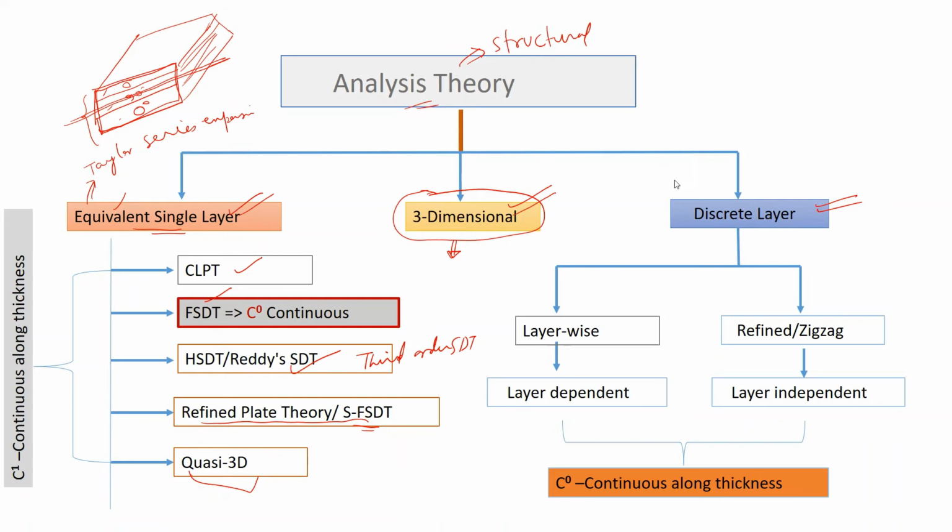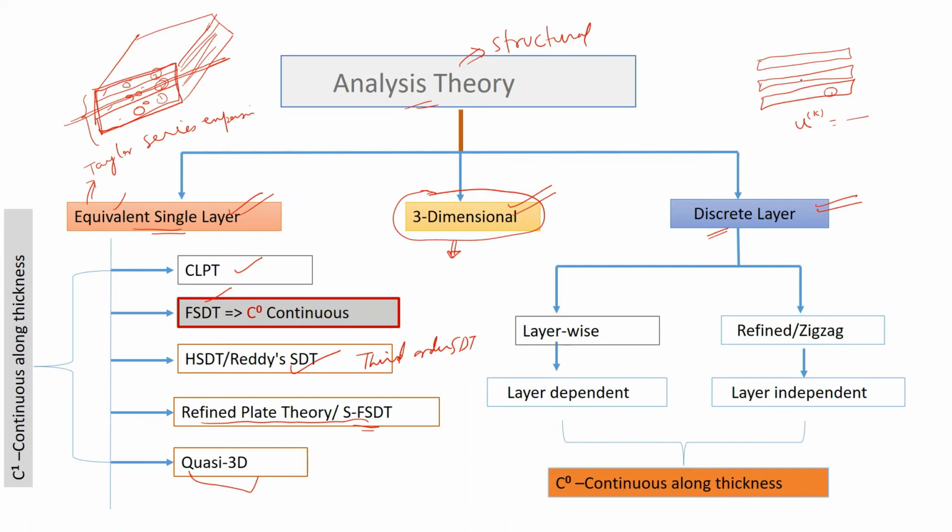And then we will go for the discrete layer theory. What is the discrete layer theory? Here each lamina is studied differently. If we have these three lamina, lamina 1, lamina 2, and lamina 3, then the displacement field of the single lamina 1 would be studied here.